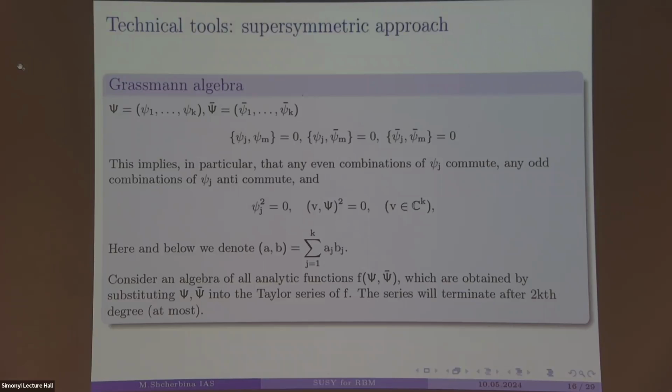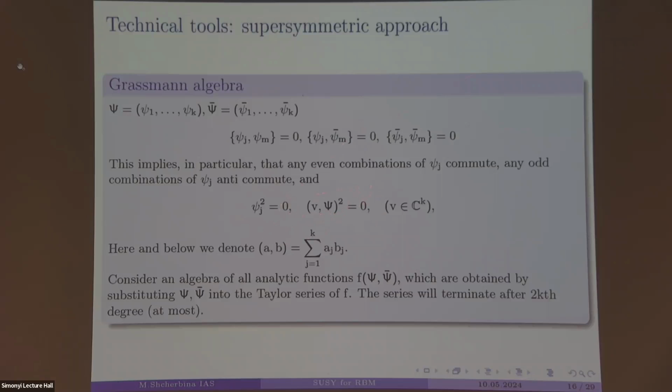Bar does not mean that there is conjugation or something like this, just an independent set of the same number of anti-commuting variables, it's just tradition to put a bar. Now, since we have anti-commuting variables, of course the square is equal to 0 for each psi and also psi bar. If you have any linear combination, of course, you also have 0.